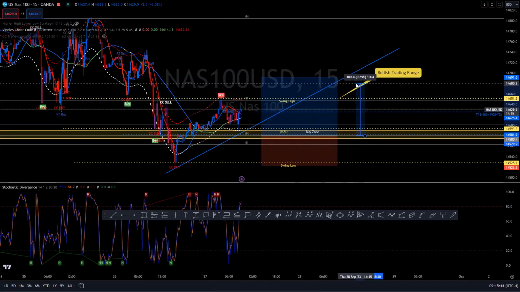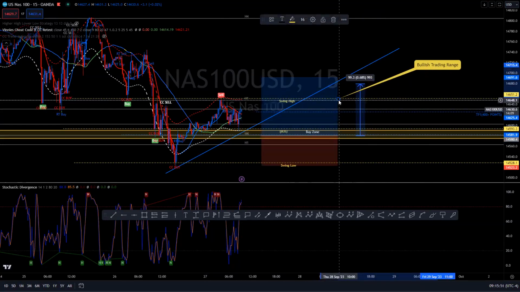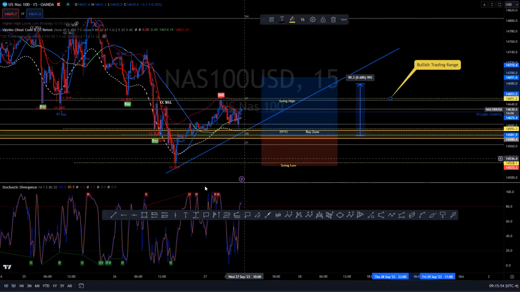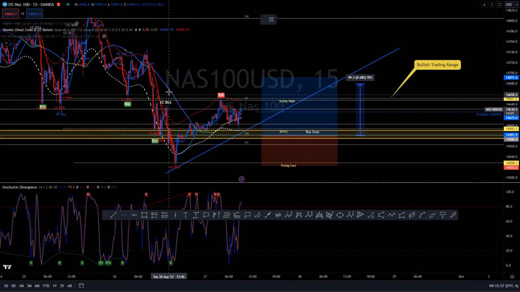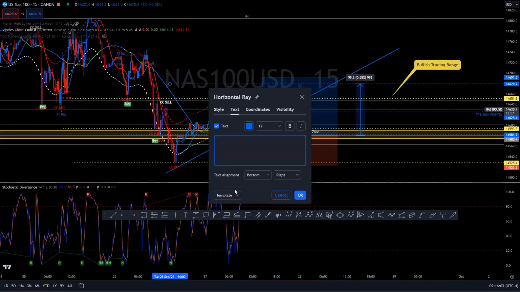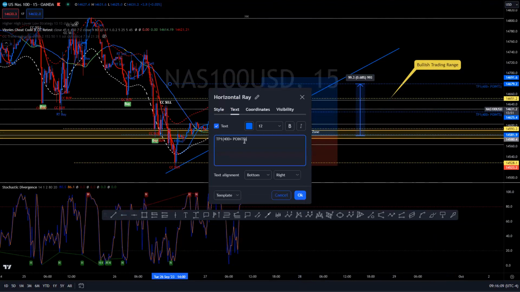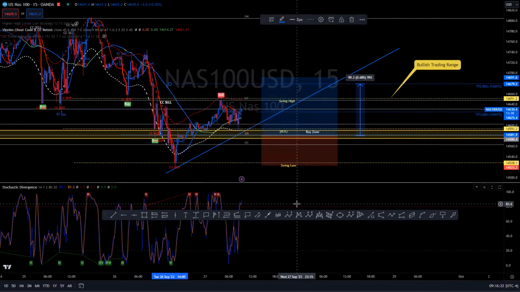TP2 is close to 1,000 points. So that's what I'm looking at this point.